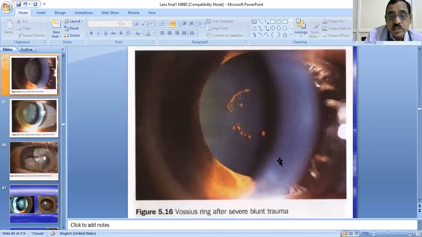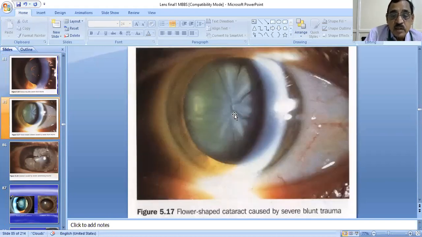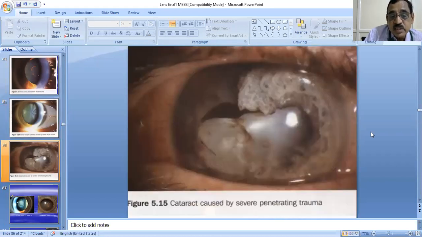And this is Vossius ring, as I have mentioned. It is an imprint of the constricted pupillary margin onto the anterior capsule of the lens in concussion injuries. And this is a flower-shaped cataract caused by blunt trauma, as I have already mentioned. And this is a cataract caused by severe penetrating trauma.